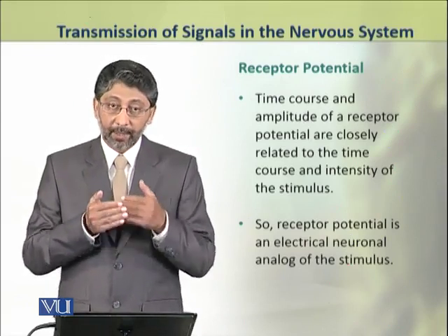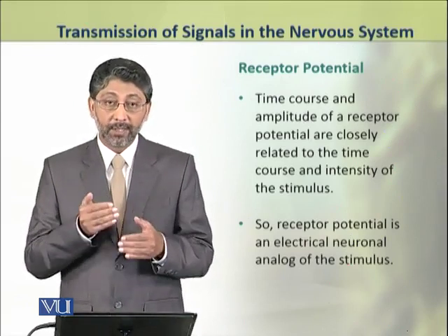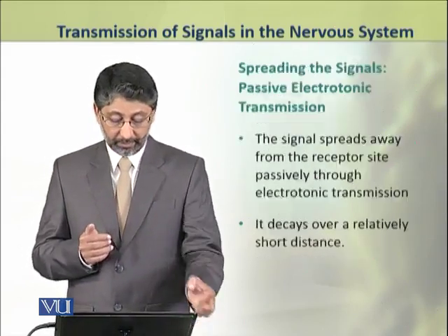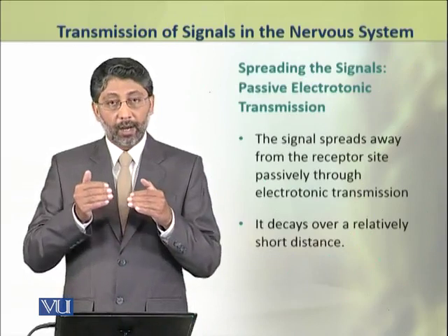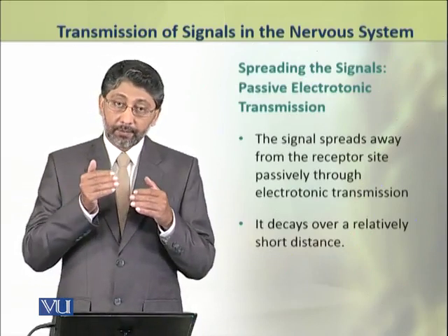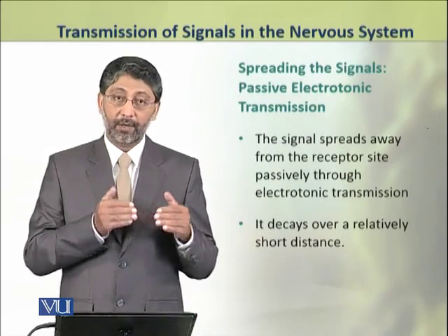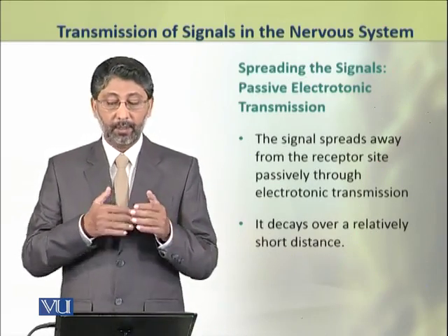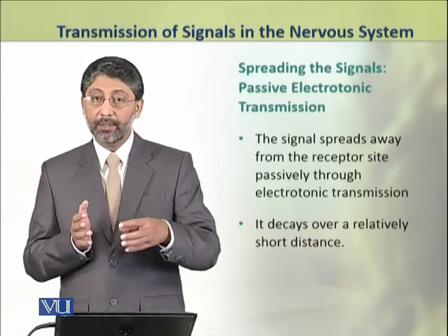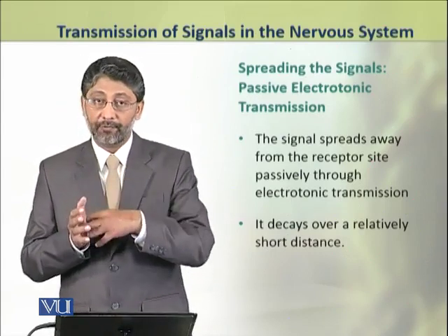Actually, ये जो receptor potential है, ये stimulus की एक electric copy है. After receiving the signal, it spreads away from the receptor site passively through electrotonic conduction to the cell body part of the neuron.